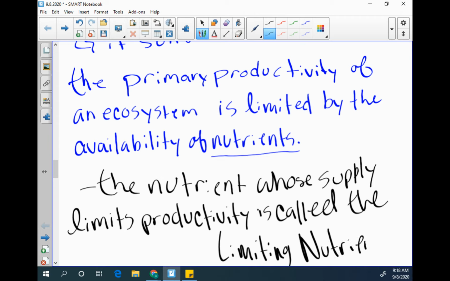I would underline this, highlight it if you can. The concept of a limiting nutrient is really, really important.